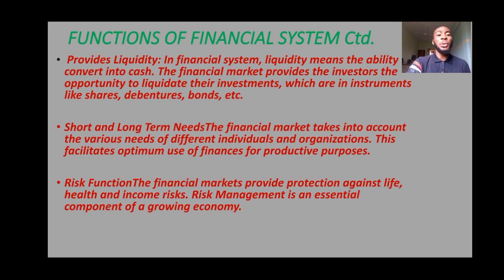Or even someone that actually wants to lend money can now lend money and get the debenture certificate. Now he's holding the debenture or bond. Government gets money through bonds. If government, for instance, wants to get cash, maybe to fund a project, they will issue a bond. Now the bond will give them the right to get money. Government does that through the central bank, and the central bank now issues to commercial banks.